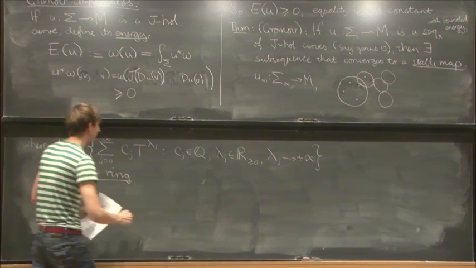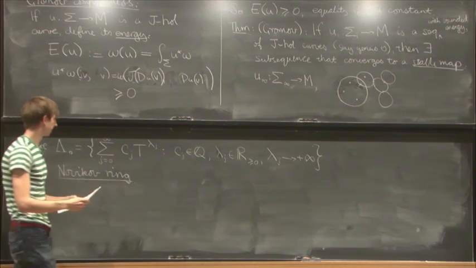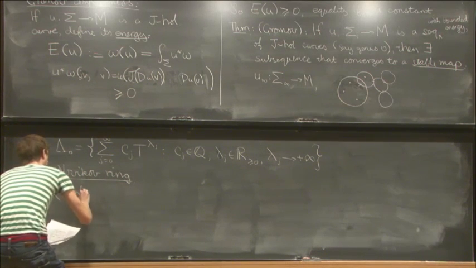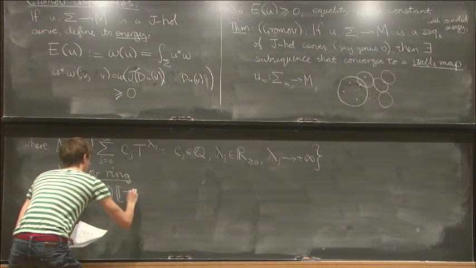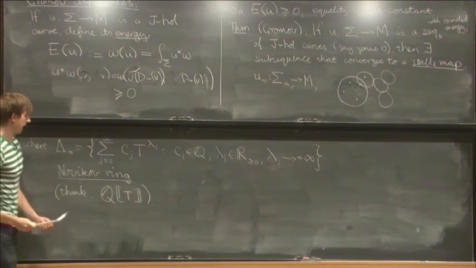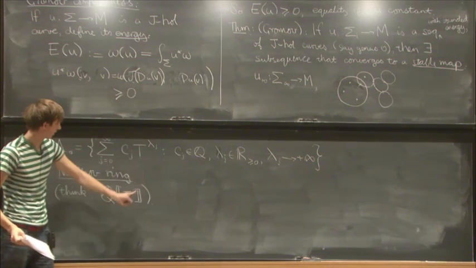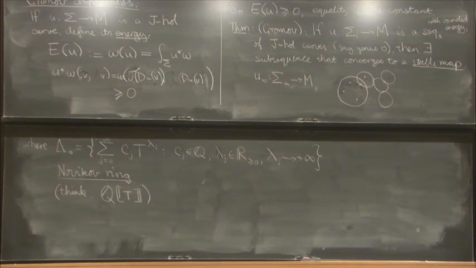You should think about it as being sort of like formal power series in T, except that we have to allow non-integer powers for these lambda j, to account for this omega of beta, this symplectic area of our class, which a priori might not be an integer.